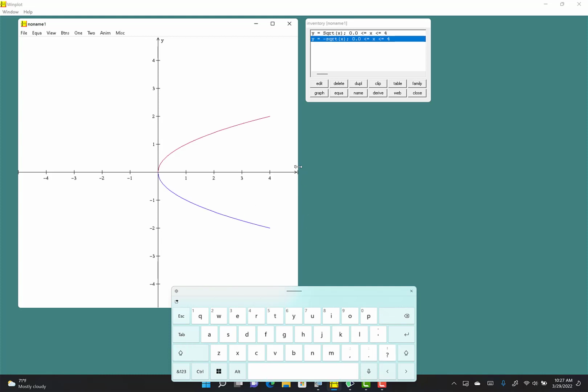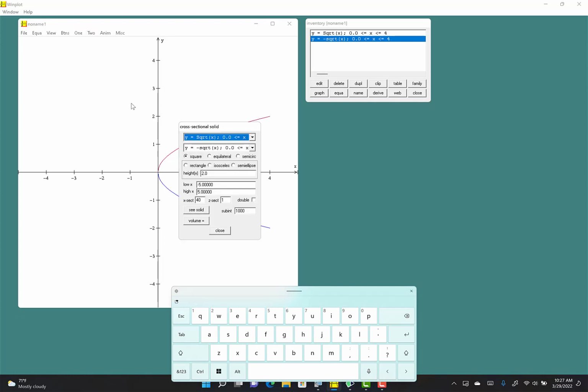Okay. Now let's see if I can do it. I want to. Sections. They don't have it. This is actually super cool.